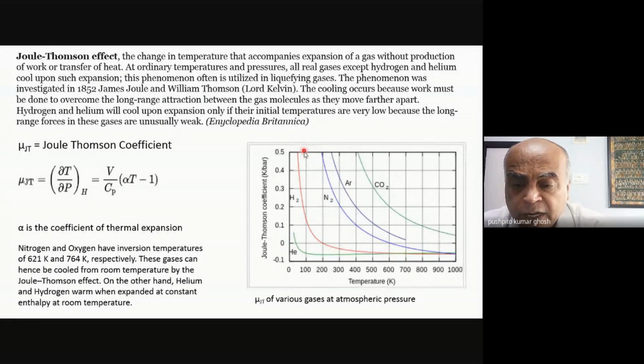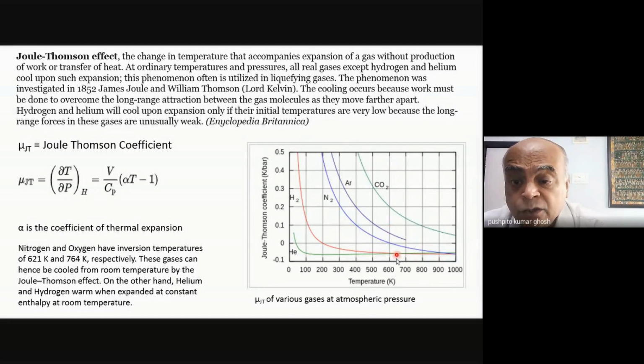Now, what is very interesting is that if you take the normal gases, like nitrogen, argon, carbon dioxide, oxygen is not shown, but oxygen will have a profile similar to argon. Now, all of these typically have a positive value of the Joule-Thomson coefficient at temperatures of interest. When I say temperatures of interest, I'm talking about, let's say room temperature is around here, 300 Kelvin.